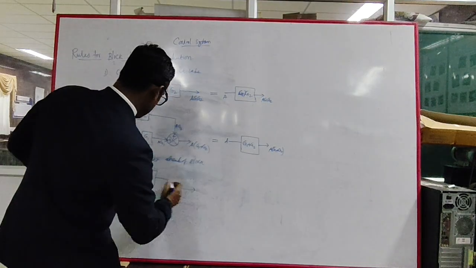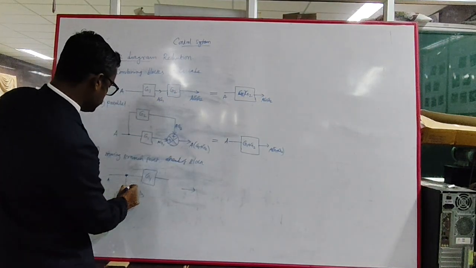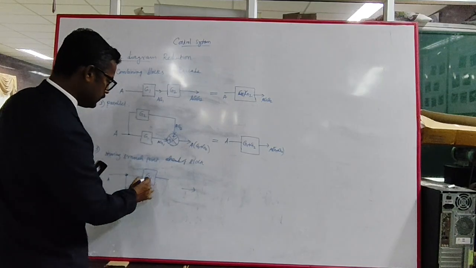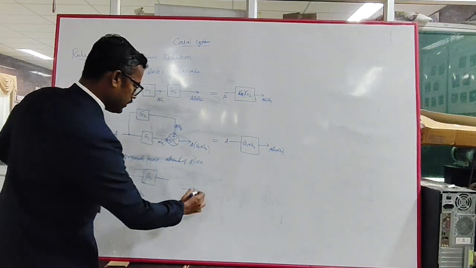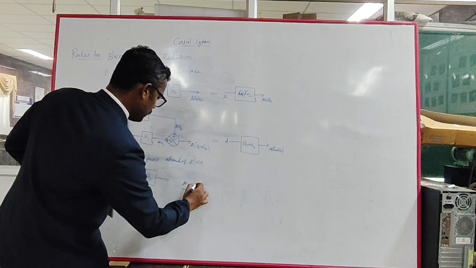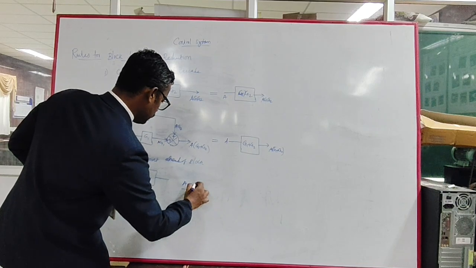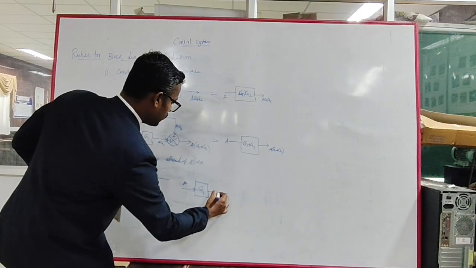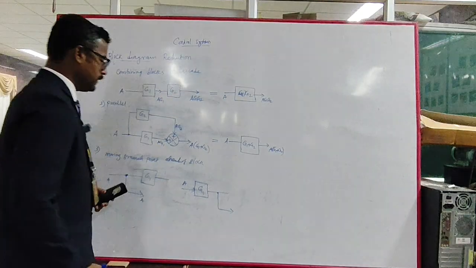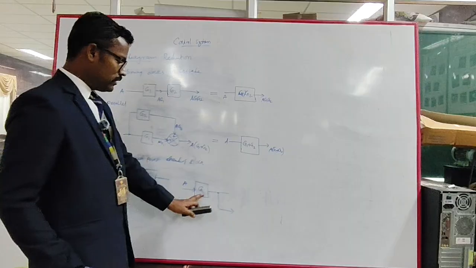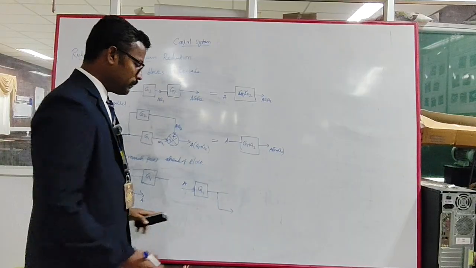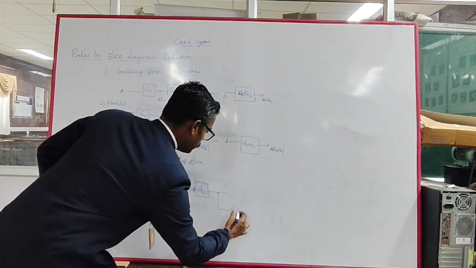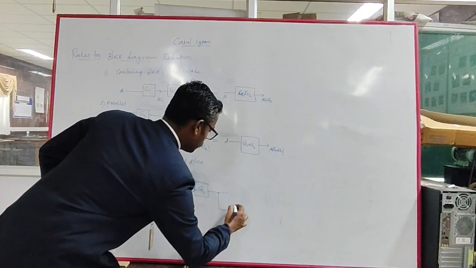So I am taking A, so here the signal A is getting out, it is AG1. Okay, here if you take A and it is given to G1, and after the block, ahead of the block means after the block, we are tapping. So what you will get is A into G1, AG1, so we have to multiply it with 1 by G1.